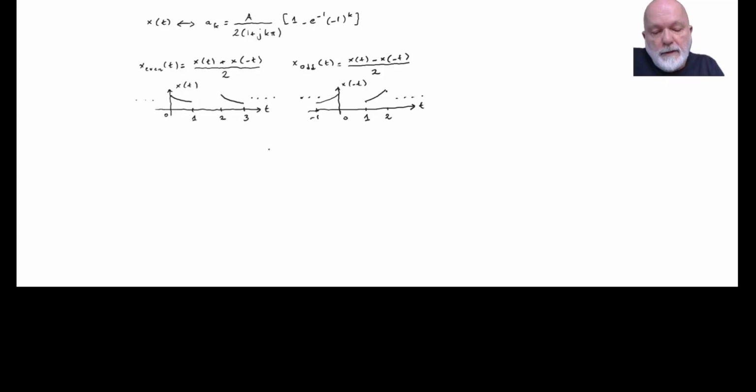So from these two, by means of the first formula, we obtain the even part of x of t, x even of t, as the following signal.